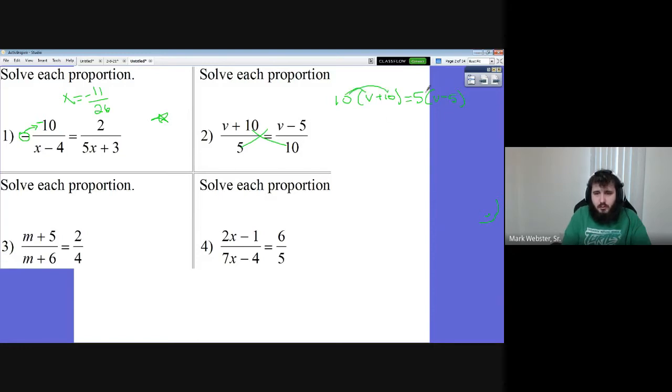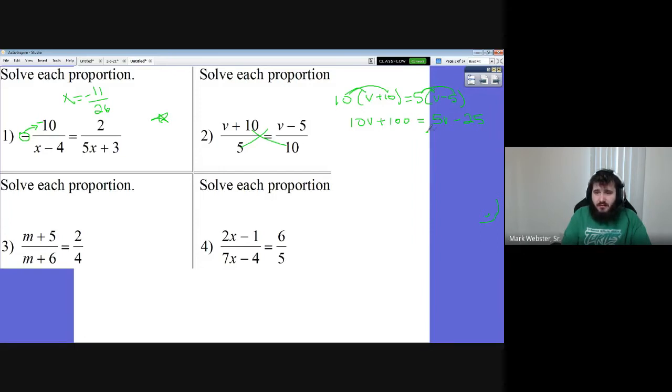Distribute. And one thing to notice about what I'm doing here is I'm specifically not trying to do all of this in one step. Notice how I wrote it out with the products first before I took the time to distribute.